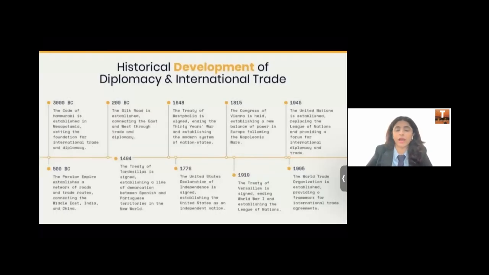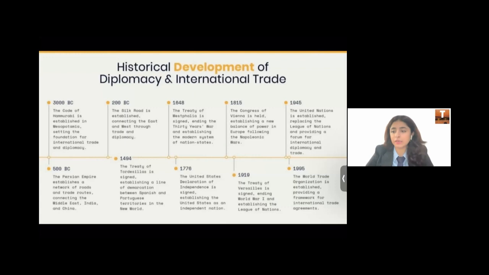Now, I've given you an overview of how these things work, and how both diplomacy and international trade go together. But let's go back to history and see how this ideology, how historical development has taken place in terms of diplomacy and international trade.